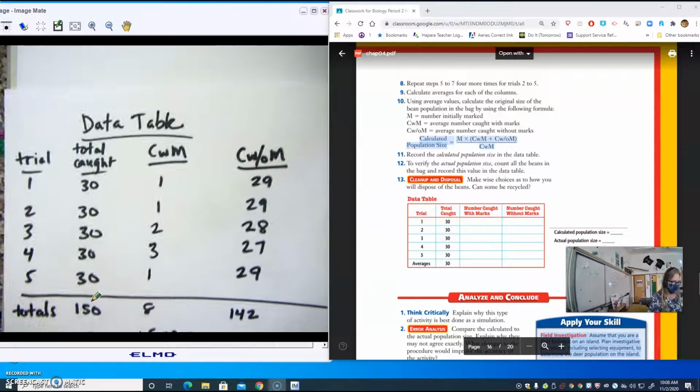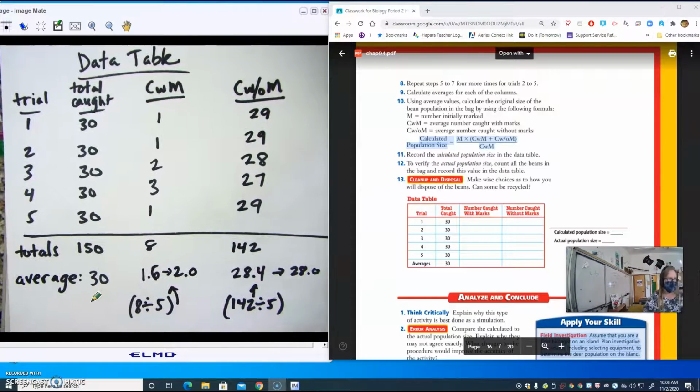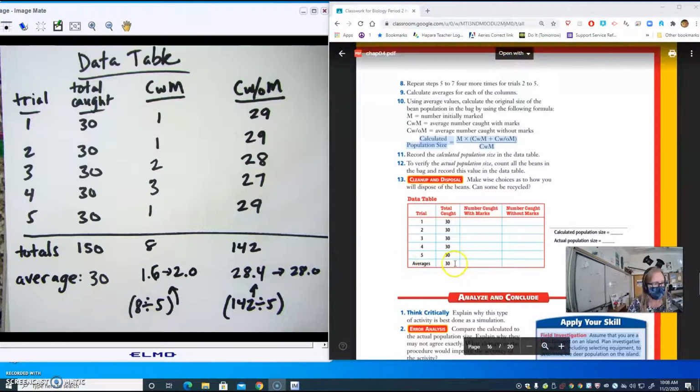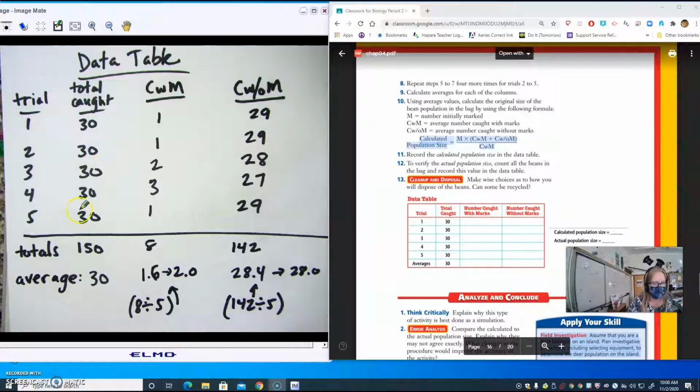So starting some of the math that needs to go on the data table. The next thing you need to do on the data table is get an average. So to do that, you need to total each of the 5 trials, right? So your total for the total caught would be 150.